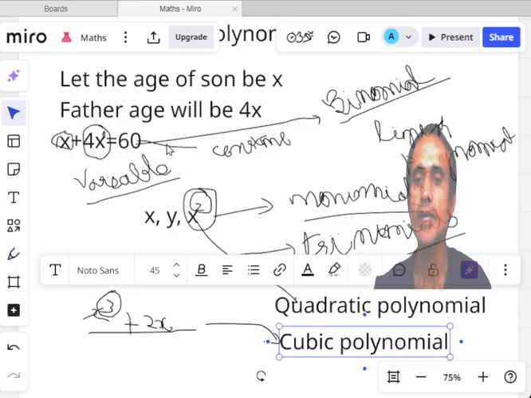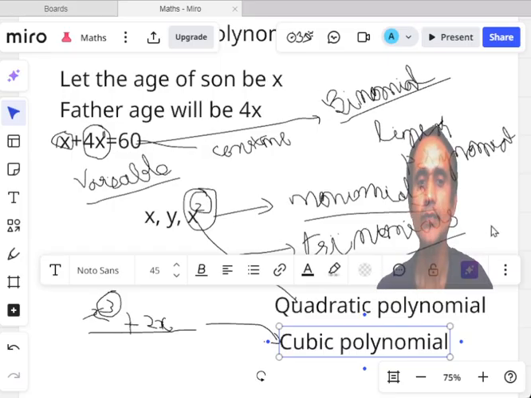So just to revise, see how many terms are there. Based on that, we'll classify an equation as monomial, binomial or trinomial. If it has only one term, like x is there in the equation, then it is monomial. If there are two terms, here we have 4x plus 1, or 5x and 60, so it is binomial.